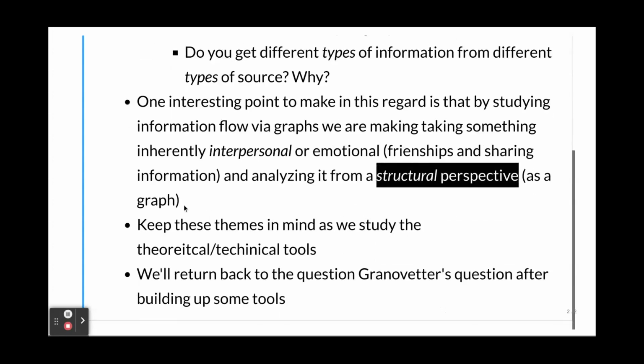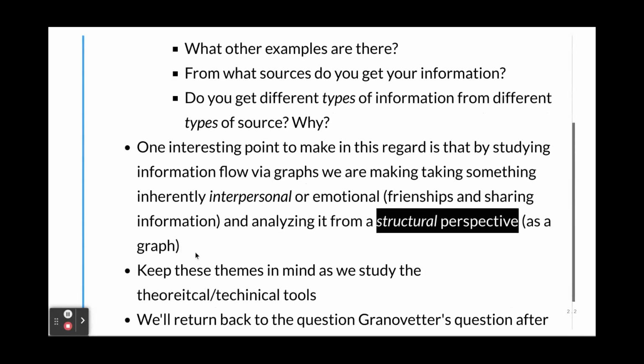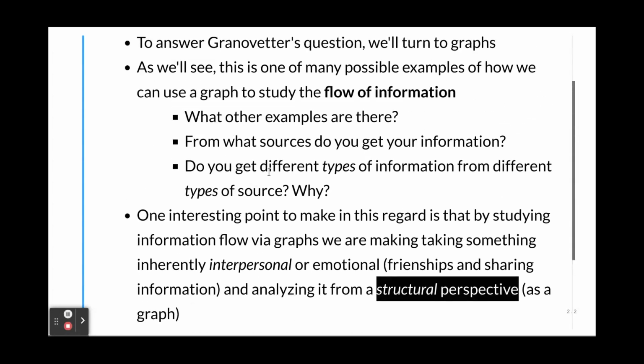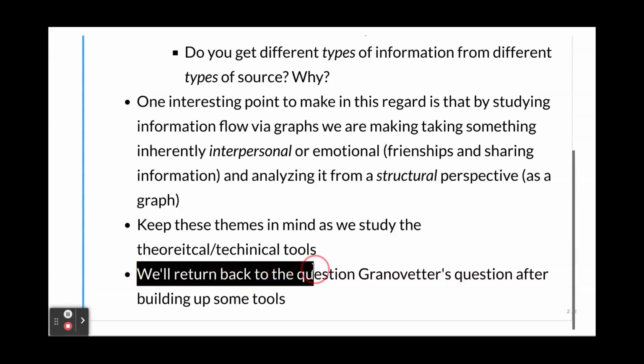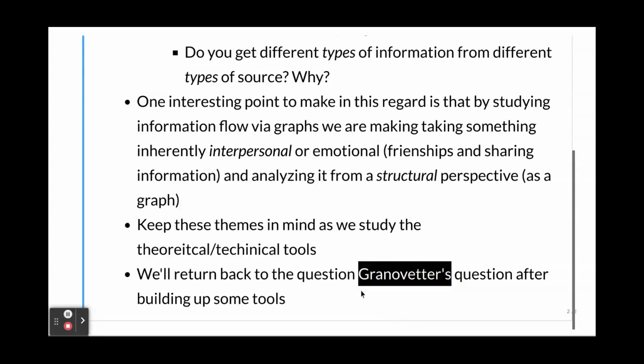And so we want you to keep these ideas in mind as we're studying today, because underlying these graphs that we'll be drawing, there may be emotionally charged features under the surface that may lead to certain results. We'll be building up some theoretical tools, and even some technical ones today. And then at the very end, we'll go back to Granovetter's question about how new jobs are found.